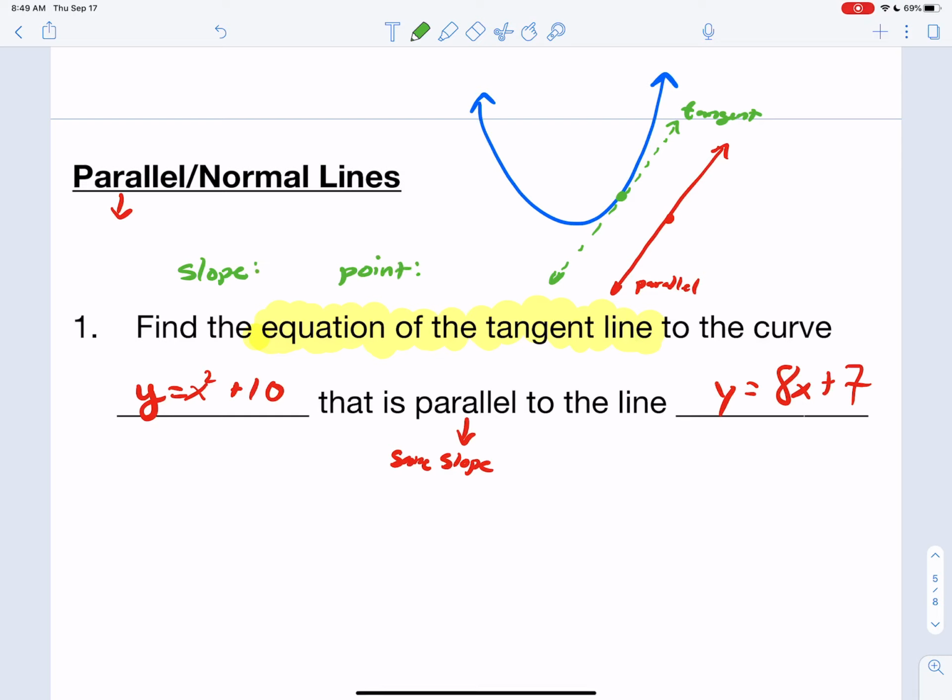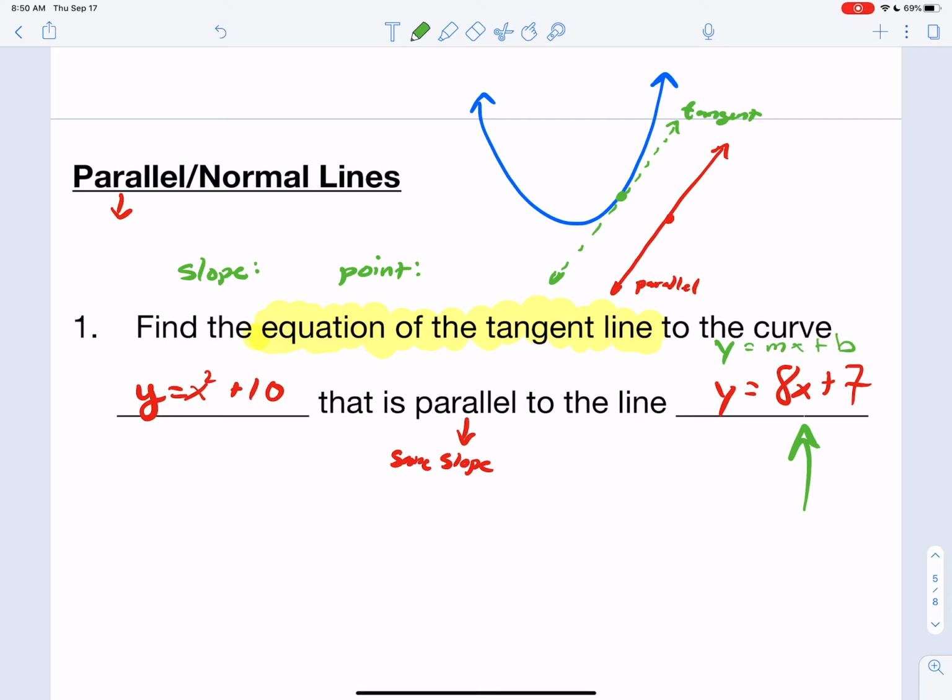Okay, so notice here, they don't really give us much, all right? Kind of. So they tell us that we need to make a tangent line, okay, that's parallel to this line right here. Well, conveniently, if you remember, this line here is written in slope-intercept form.